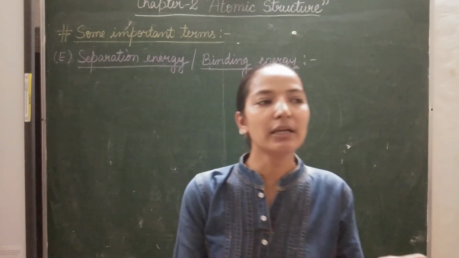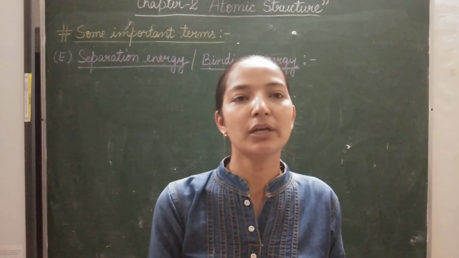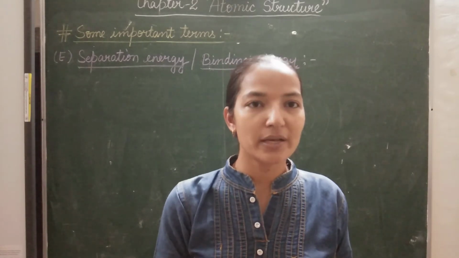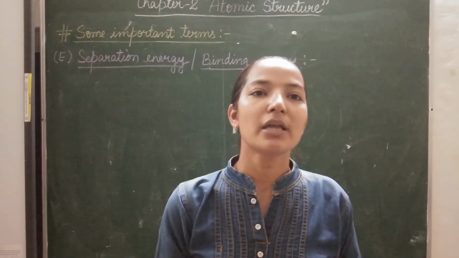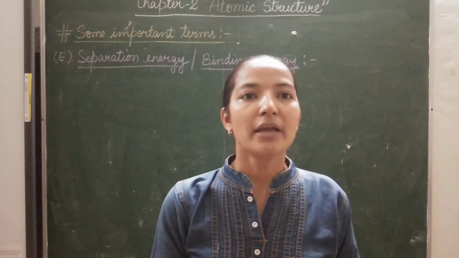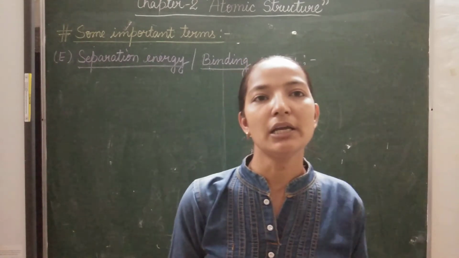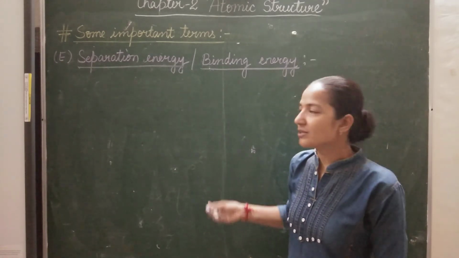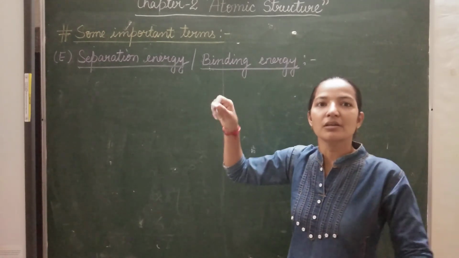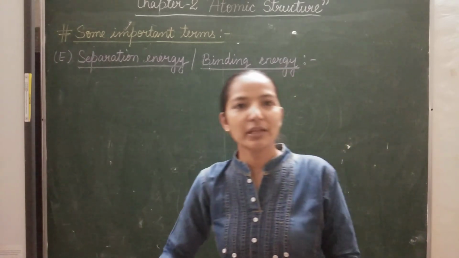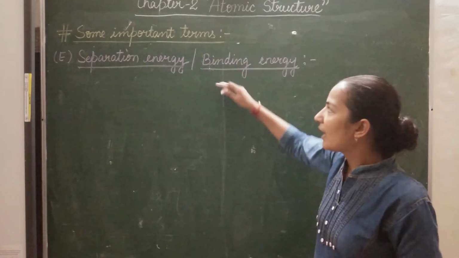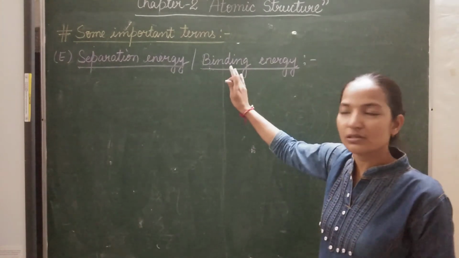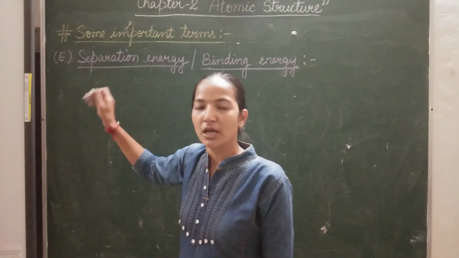If we are taking the electron from the ground state to infinity, then it is called the ionization energy, and if we are taking the electron from any excited state to infinity, then it is called the separation or binding energy. Because the electron is already bound with the atom, we are just removing the electron.